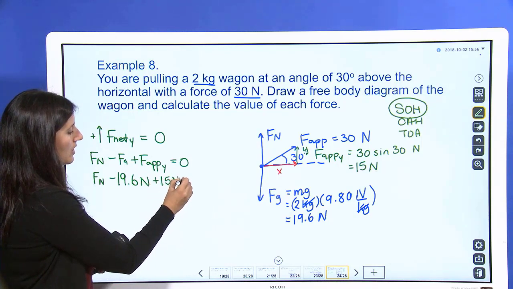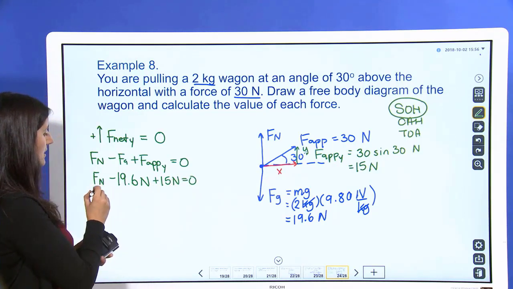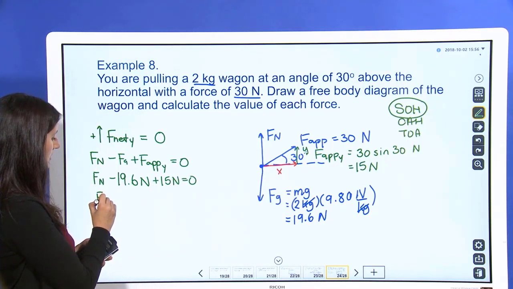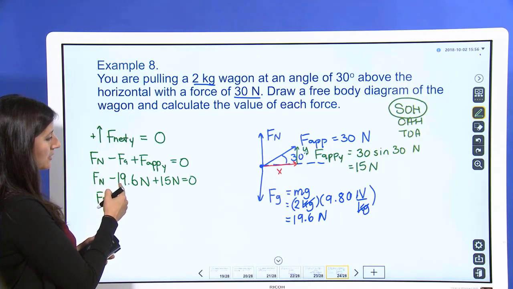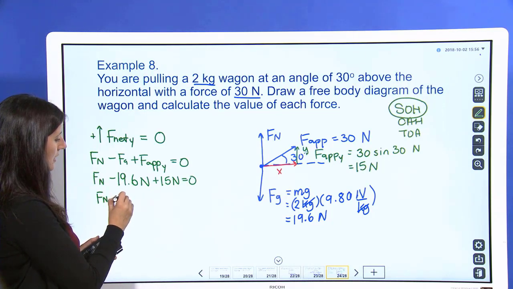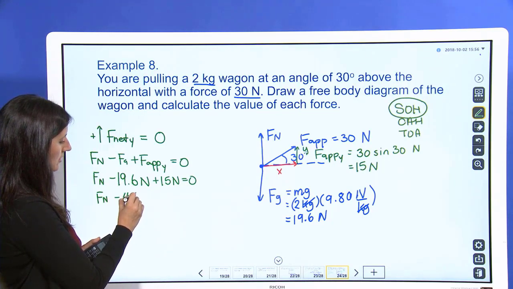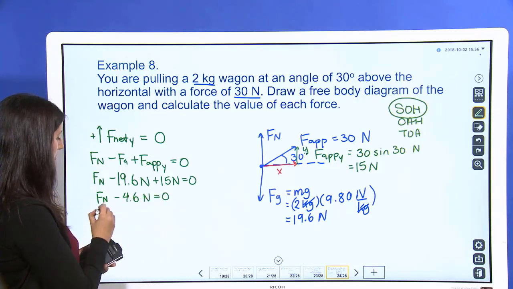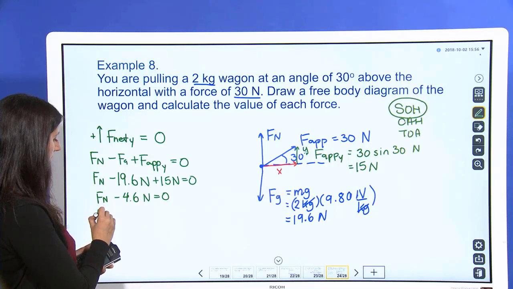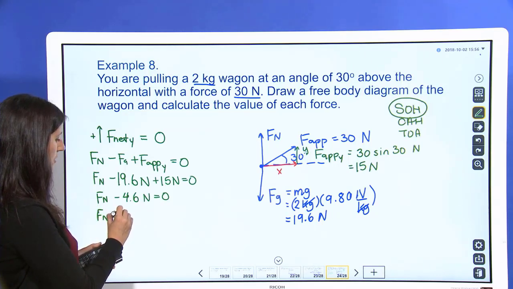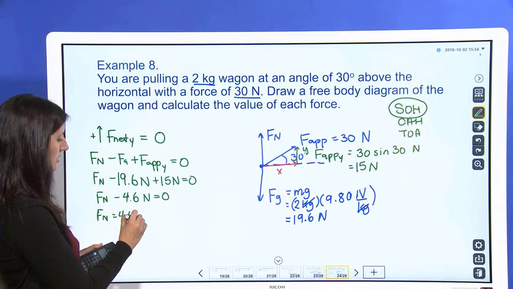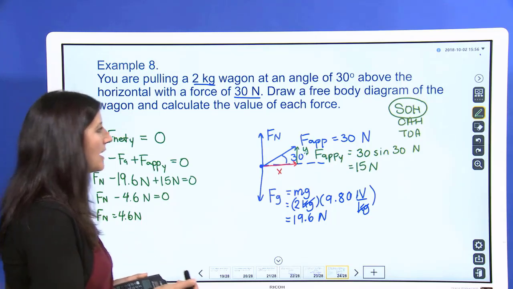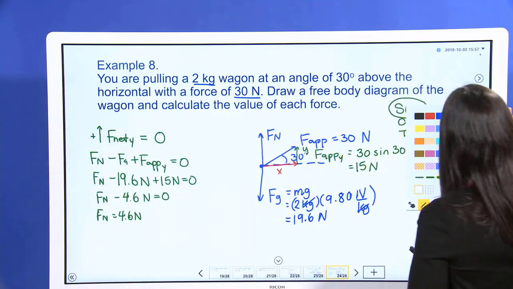All of that has to equal 0. I'm going to solve for my normal force. Negative 19.6 plus 15 is negative 4.6. I'll move that to the other side. F normal equals 4.6 newtons. So that's the value of my normal force.